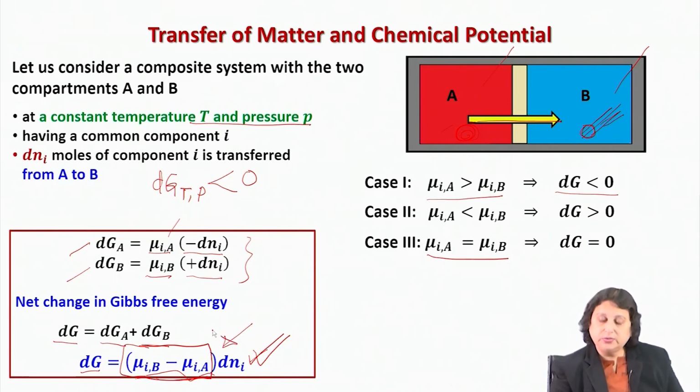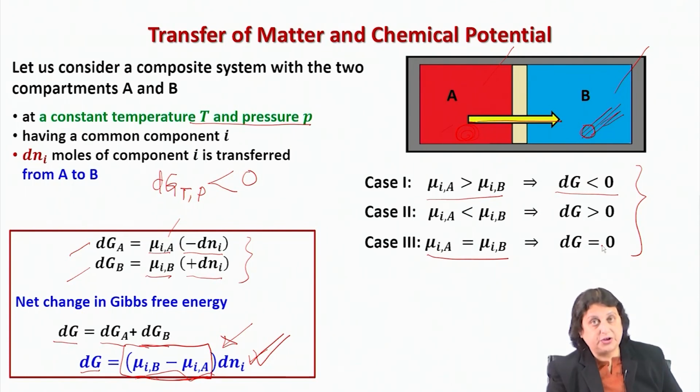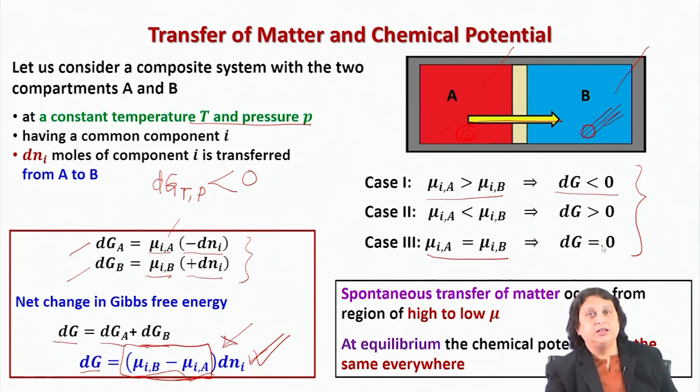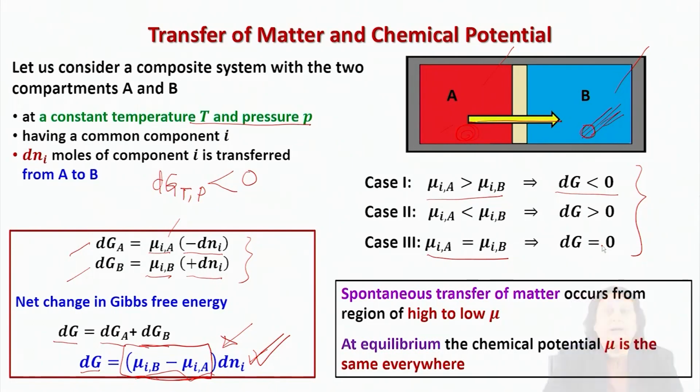So if I use these three relationships and look at the condition of spontaneous transfer of matter, then I understand that spontaneous transfer of matter occurs from a region of high to low value of mu under the given condition of temperature and pressure.